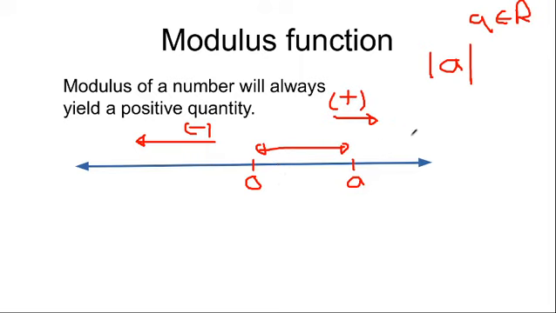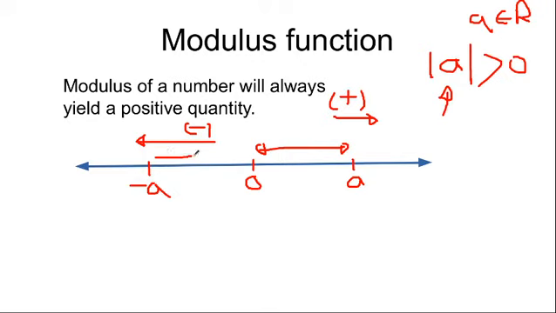So distance, we know it is a positive quantity. So the modulus of a is referred to as the distance from 0 to a, which is always a positive quantity. So what happens when a is negative? When a is negative, the only difference here is the sign. The negative numbers are located towards the left side from the 0.